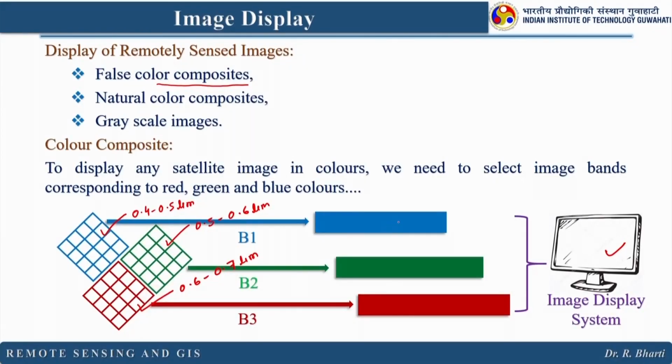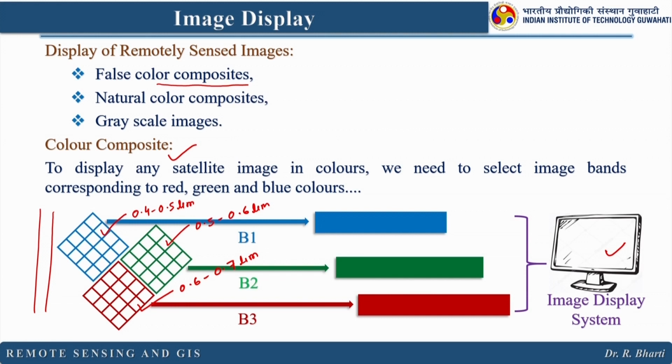So what we do is assign the blue band to the blue color of the monitor, or the blue band of the image to green or to red. You will have this flexibility. You select which band you want to represent in blue, green or red color. If you display the combined images like this, these color images are known as color composites, right?